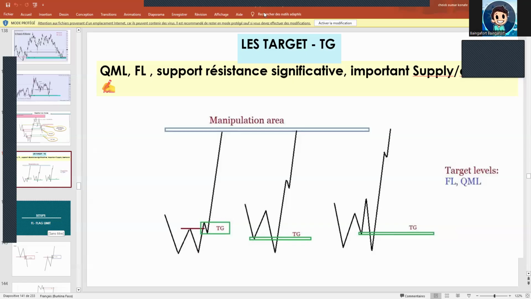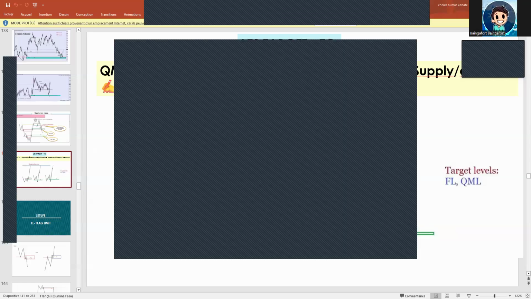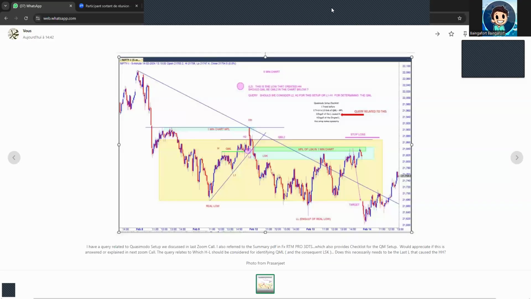What is that? Let me check it. This one. Oh, okay. Can you see the chart, sir? Yes, I can. Okay, I think your chart is that one.